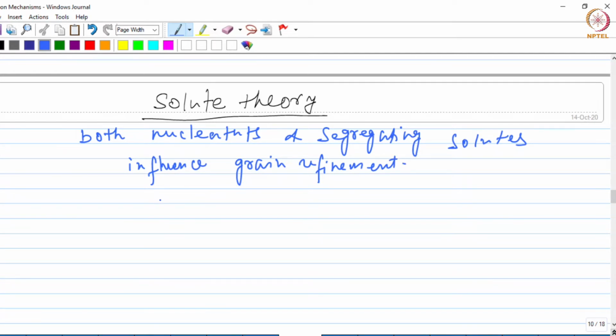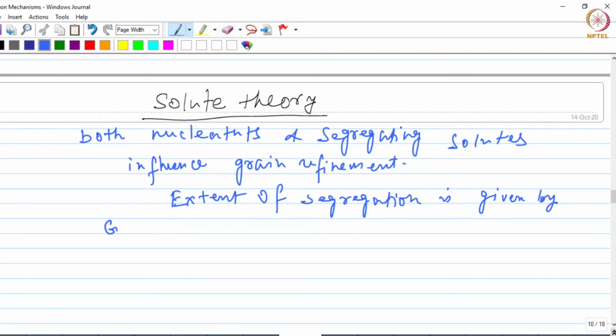And this extent of segregation is given by a parameter known as growth restricting factor. I'll come back to this and explain what it is.